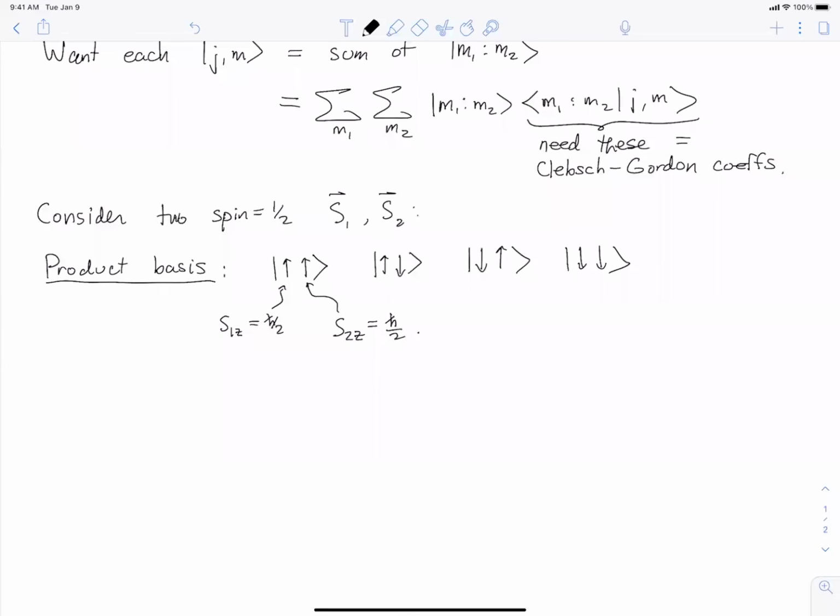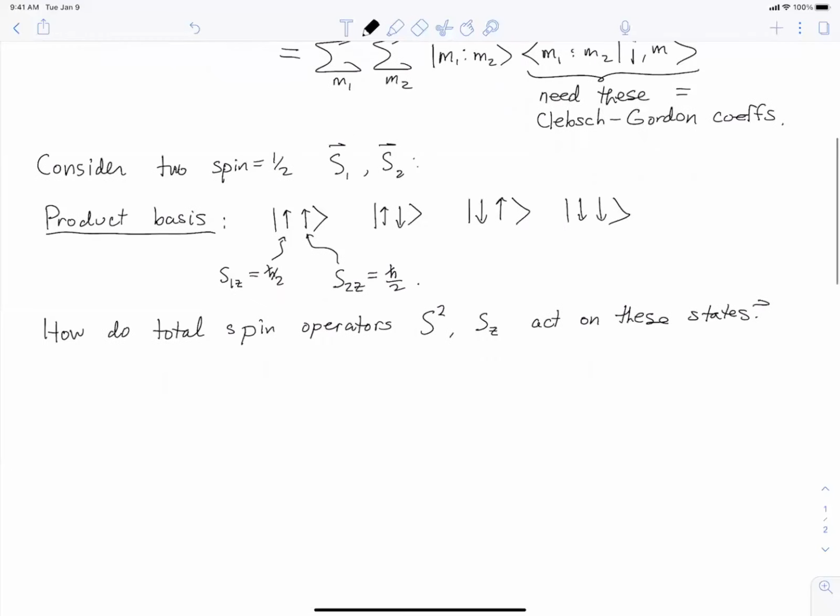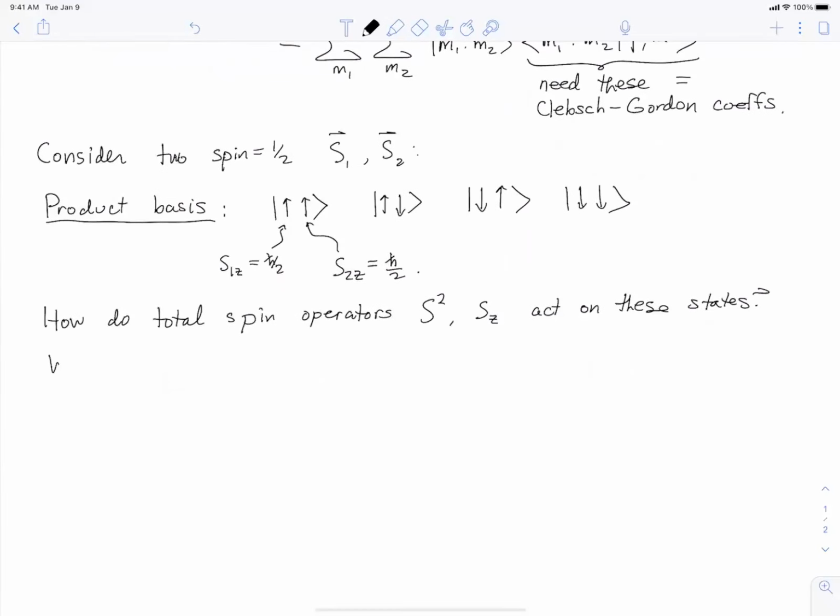Okay, so now the thing we need to do is to ask, how do the total spin operators act on these states? So the total spin operators are S squared and S sub z. That's the second CSCO. How do they act on these states? And then once we know that, we can figure out what are their eigenstates in the product basis.